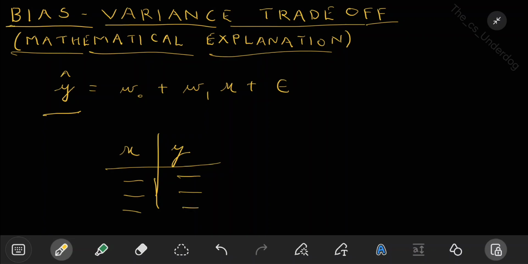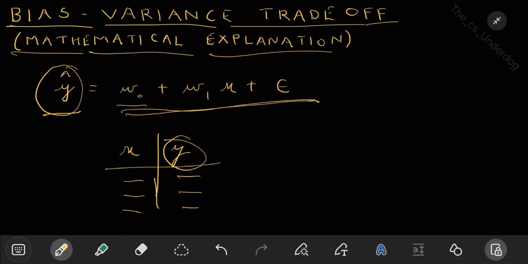This will be already provided in the data. What I'll try to do is approximate this y using my linear regression function, and that approximation, or the target that I found, is y cap. W0 and W1 are the coefficients. X is the input data, which is called the independent variable here.